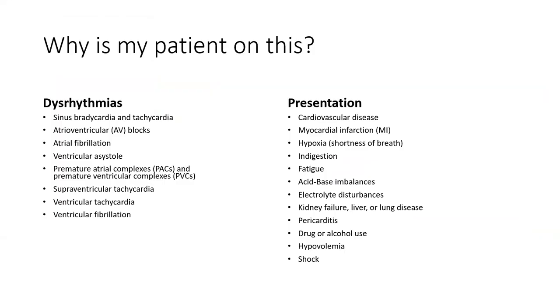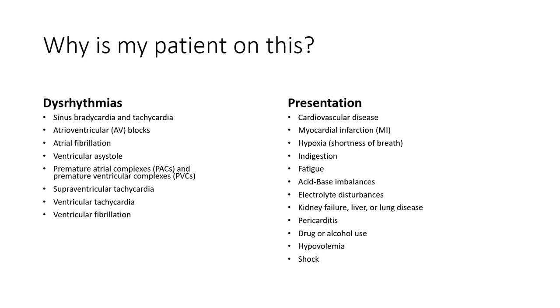It can be things like dysrhythmias, such as sinus bradycardia, tachycardia, AV blocks, AFib, ventricular asystole, PACs, PVCs, supraventricular tachycardia, ventricular fibrillation. It can be that the patient already has these dysrhythmias, or it can be the presentation.